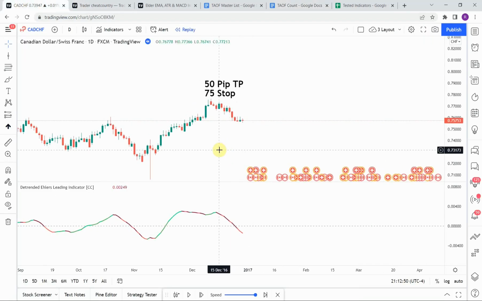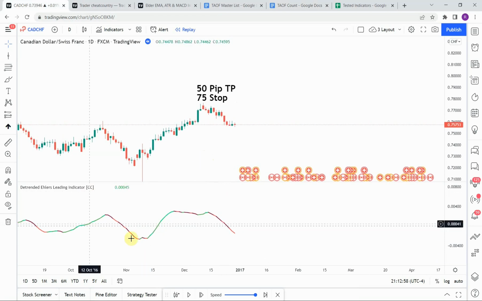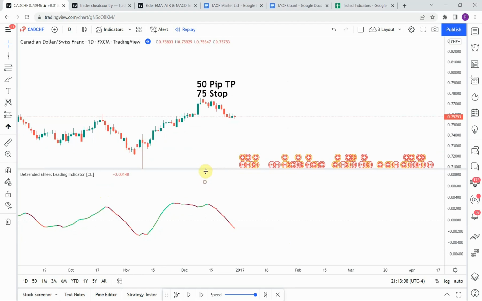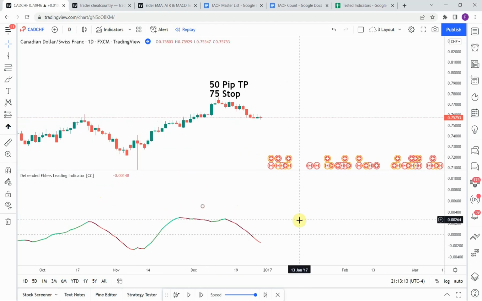Alright, so today's indicator is Detrended Ehlers leading indicator, and you can see it here on the bottom of the screen. So basically we have this oscillating line, and very similar to the last indicator that we tested, the moving average, same creator, Cheat Country. This indicator also goes through those shifts.